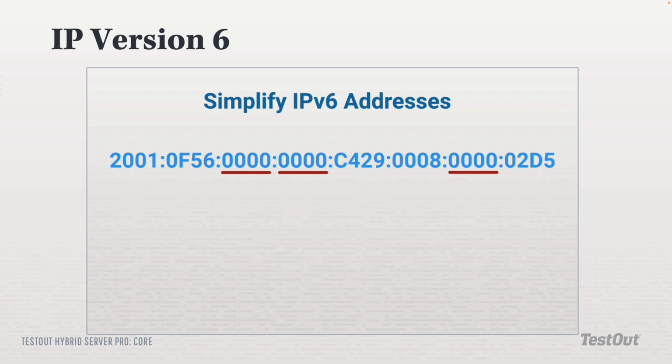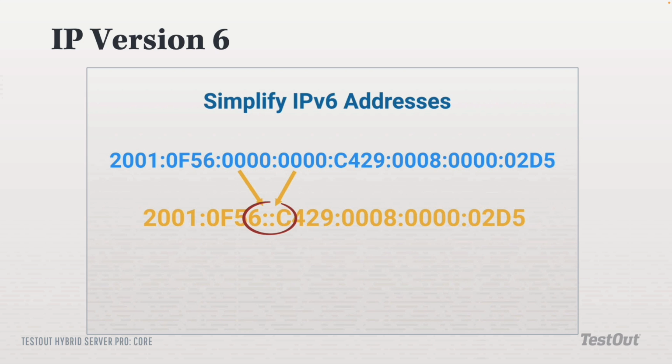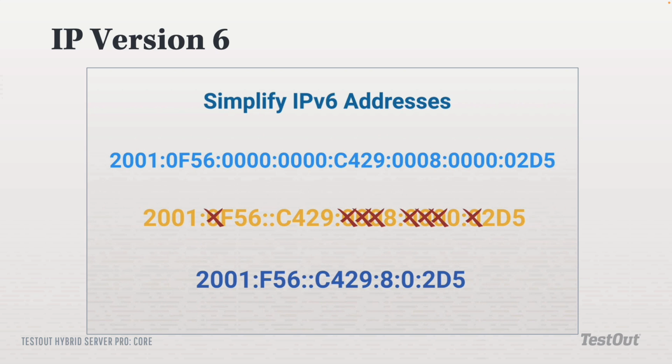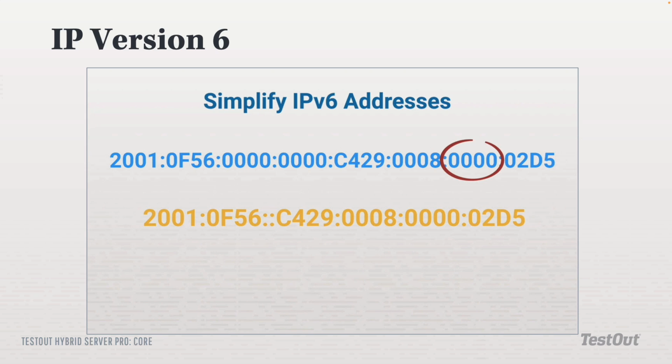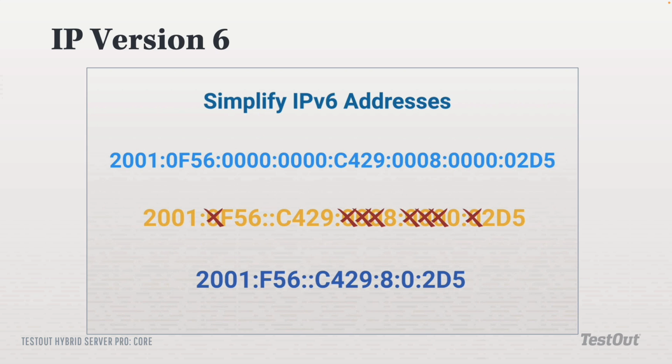Do you see how there's a bunch of zeros in this? You can go through and remove those leading zeros down to just the two colons, as long as it is all zeros, okay? Also, you'll notice that these zeros are at the end. We already did our leading zeros in the front, so we wouldn't be able to do it there. Just like the zeros at the 0F56, we're not able to necessarily condense them down.